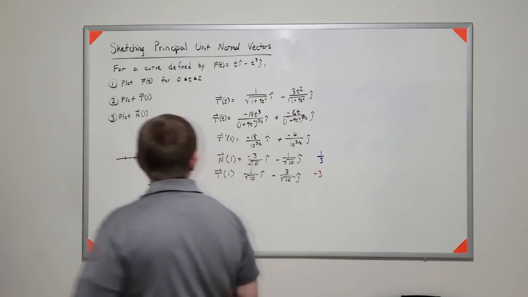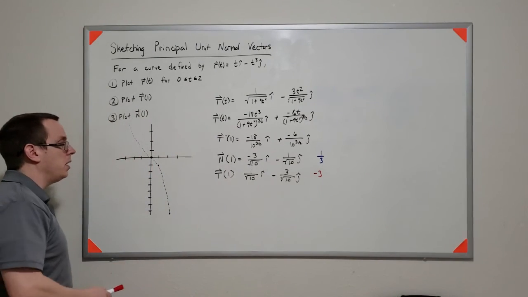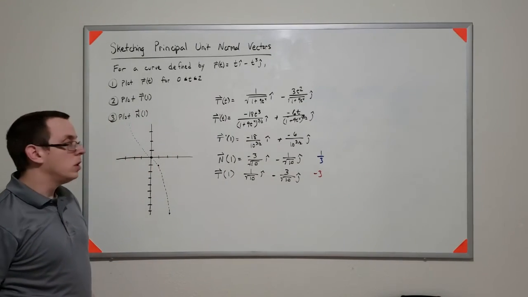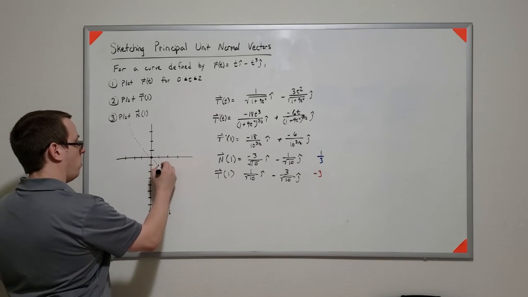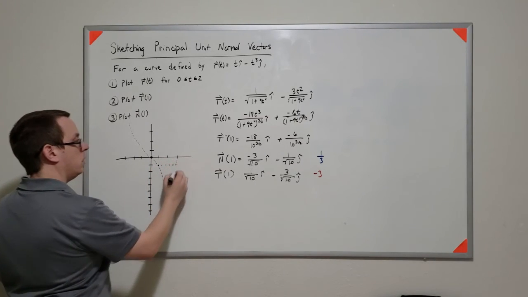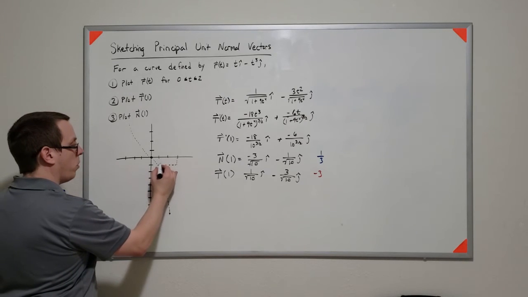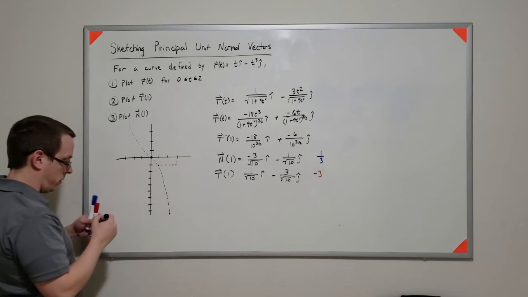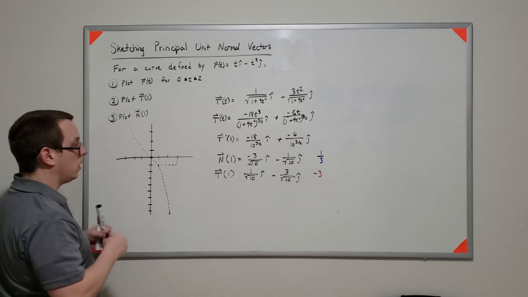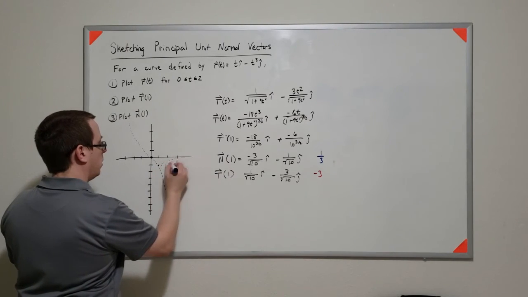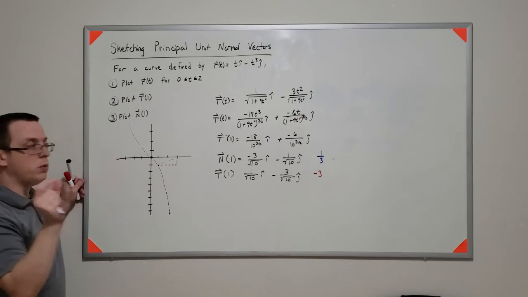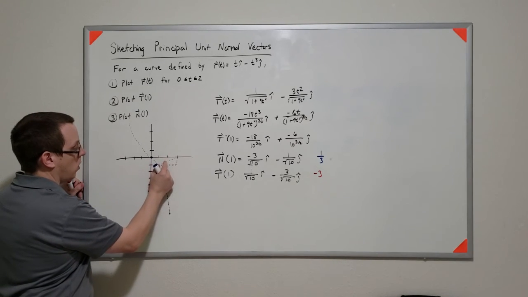So, plotting N, it goes up 1 and over 3. So you're really pointing in that direction. But you only have a unit vector, so you only have something that long.